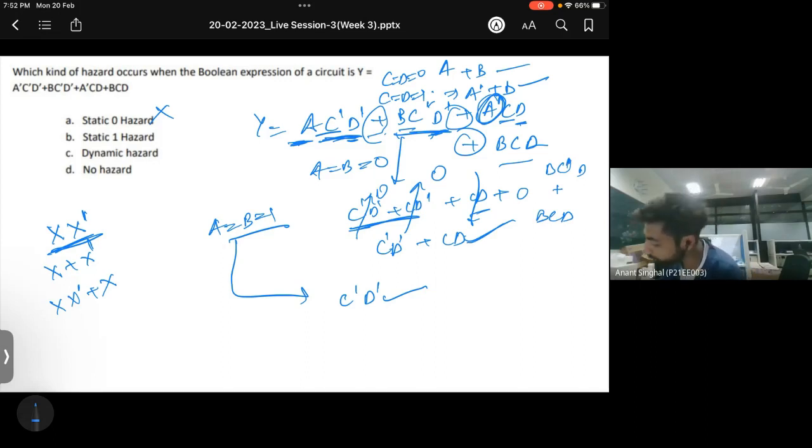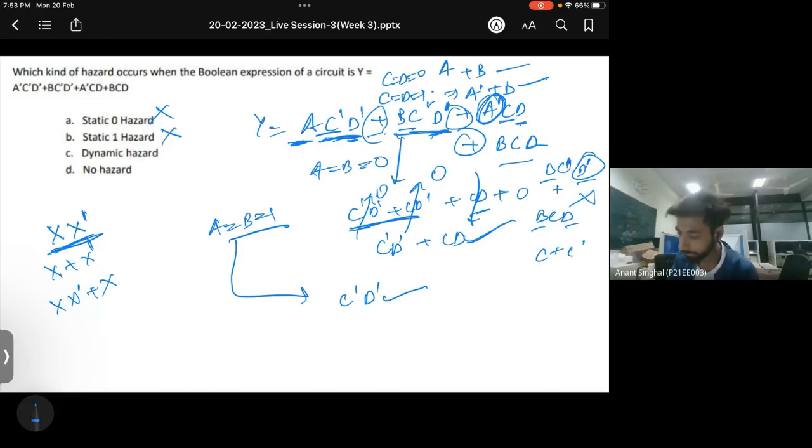This is D bar. If we try to take b as 1 and d as 1 to get c plus c bar, this will cancel out the effect. So there is no possibility. So there is no static 1 hazard also.